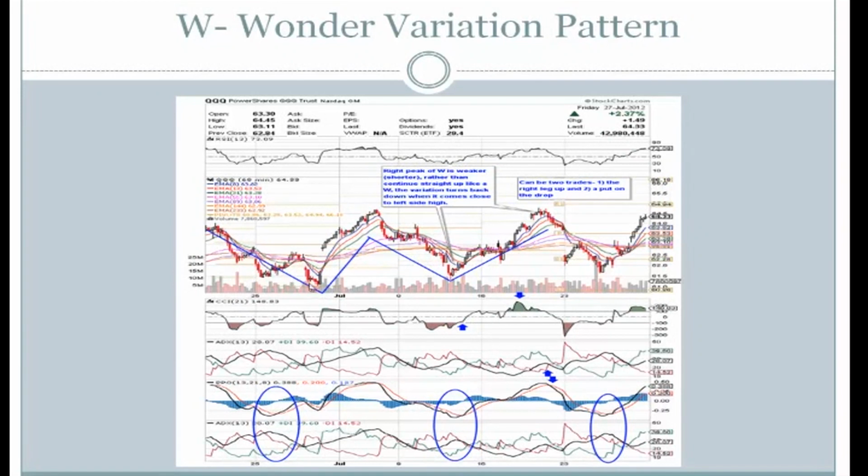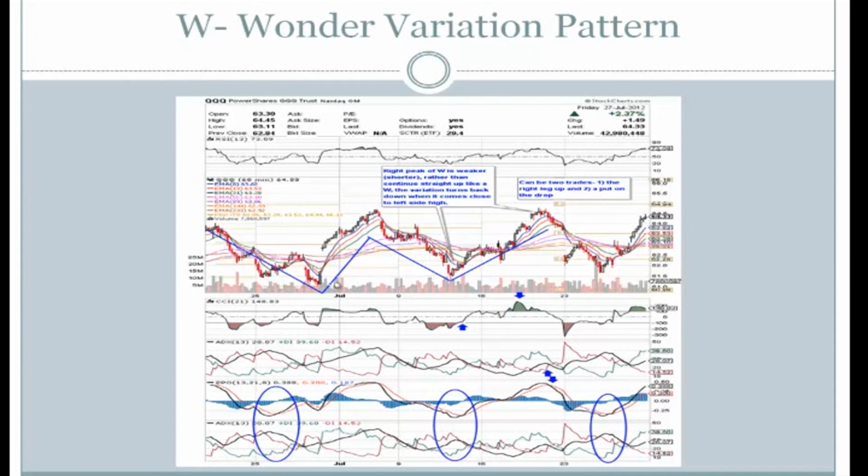So we have the left side, we go up in the middle, we drop down here to create the right side of the M, and it doesn't go as low as the left side, and it doesn't go lower than the left side. It's weak. It goes down.